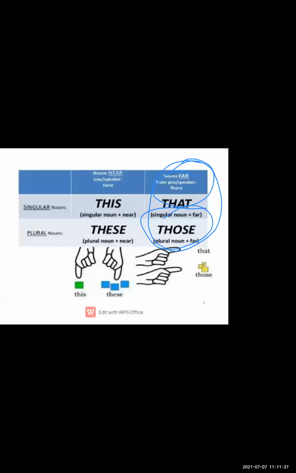Now suppose there are 10 books on the table. So what will my sentence be? Those are my books, because there are so many books and they are very far from me. So at that time I will use those. Those are my books. All right.